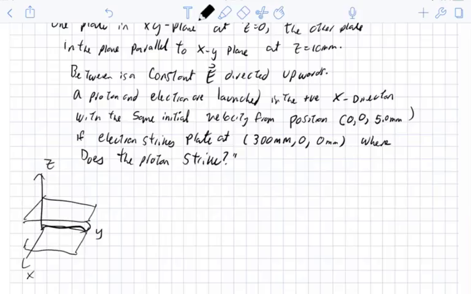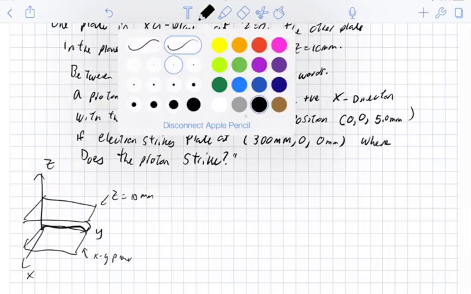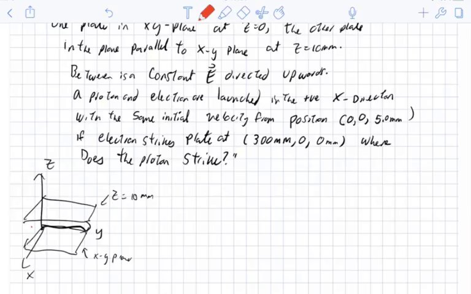Okay. This plate is on the XY plane. This one is parallel to the XY plane, but at Z is equal to 10 millimeters. And what you're doing is you're putting a positive charge and a negative charge in it, and you're letting them go, and they're going to feel forces.